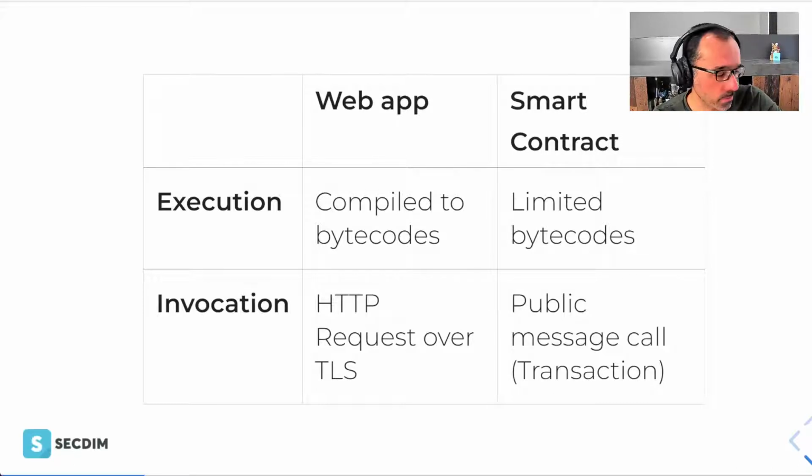In a typical web app, a client or a browser will make an HTTP request over TLS to a server, and it will receive a response. This communication is typically one-on-one. The request is then processed by the server. That is not the case in the smart contract world, where the messages are public.